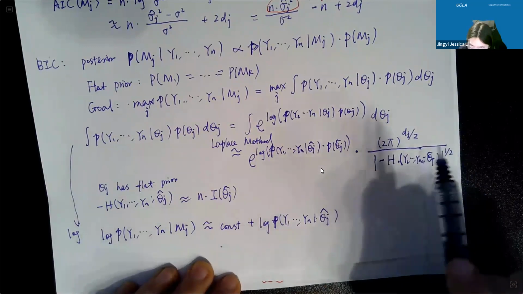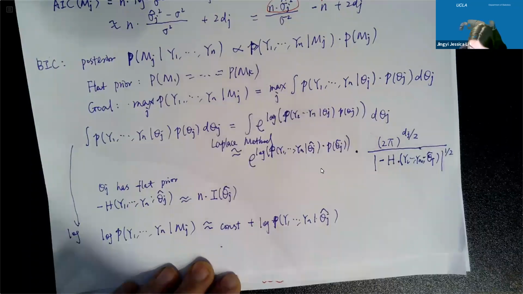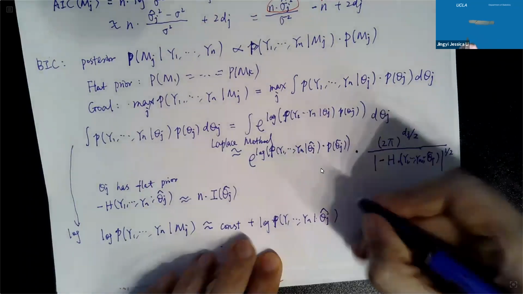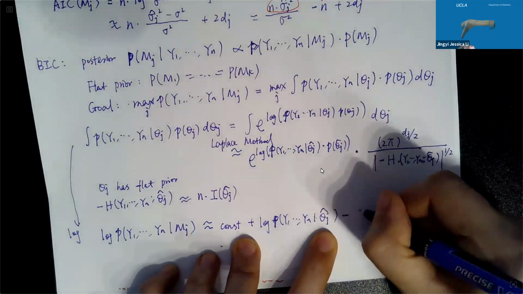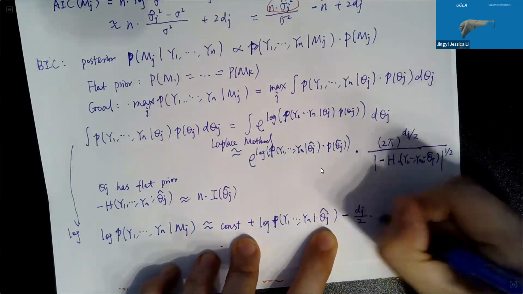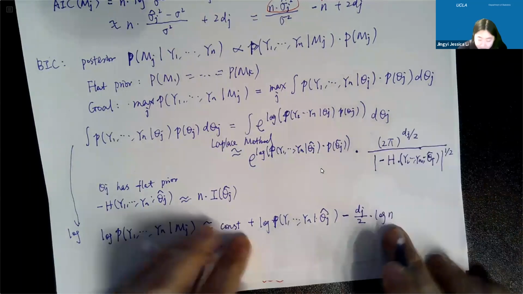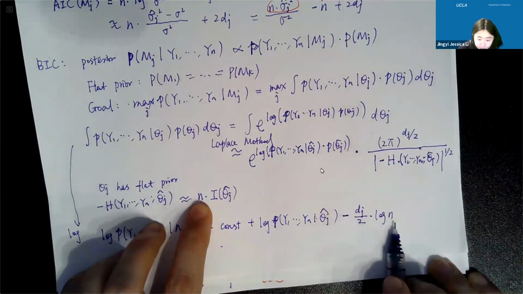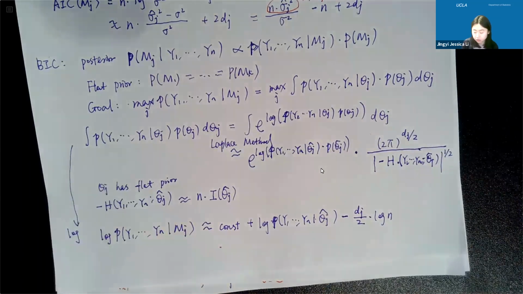And I'm going to take the log of that. So this comes down to minus dj over 2 times log n, and the n comes from here. Okay, and that's it. Other things are treated as constant.